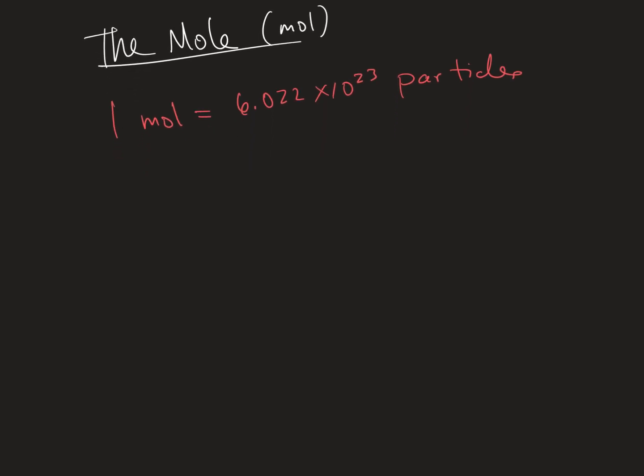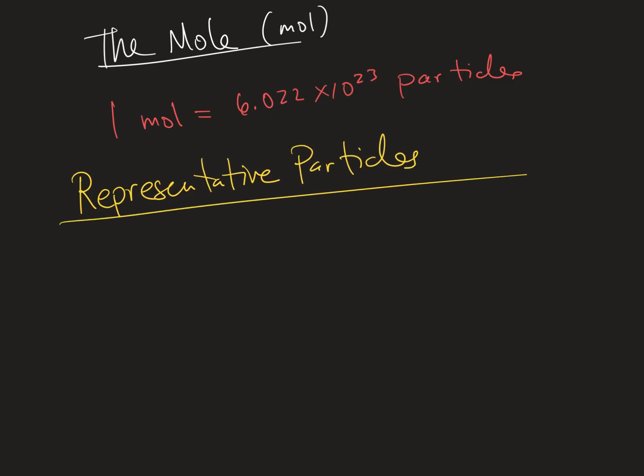So first of all, I'm going to talk about representative particles. And I'm going to talk about 4 different types of representative particles. So what the heck is a representative particle? A particle that represents a type of substance.